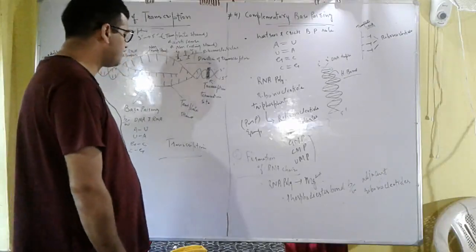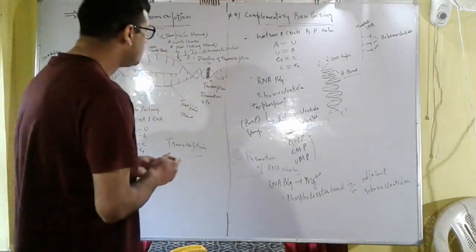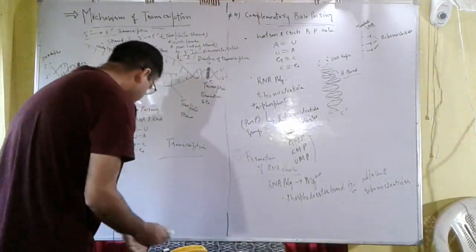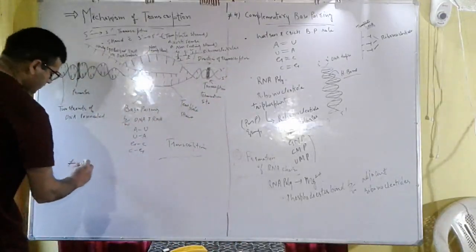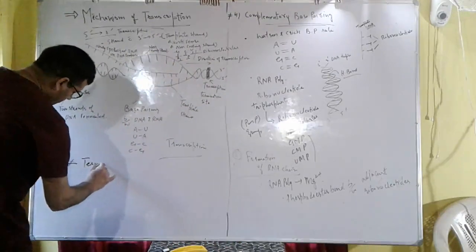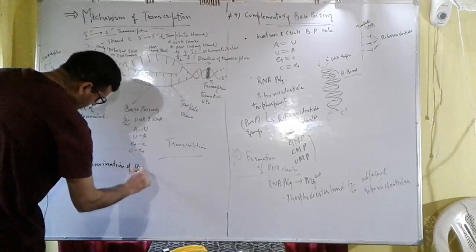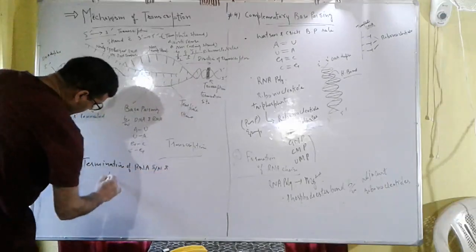Then we have another important point, the sixth, termination of RNA synthesis and release of RNA chain.